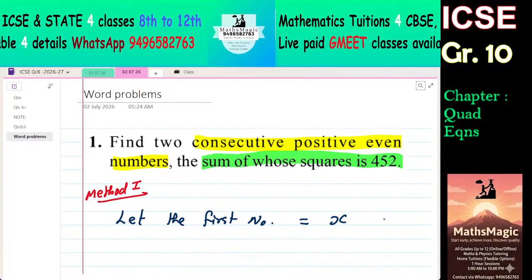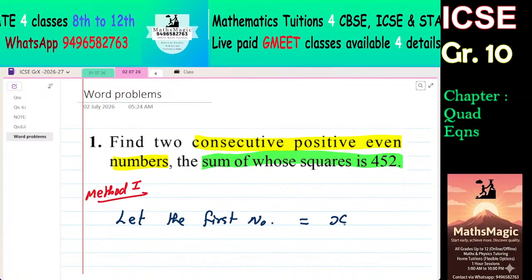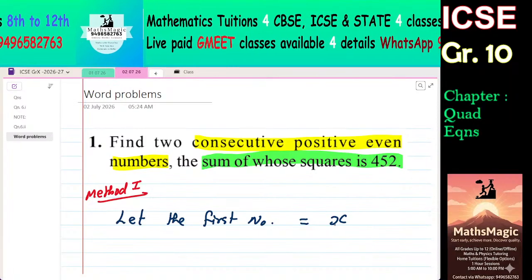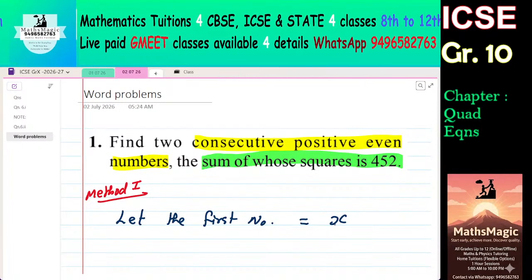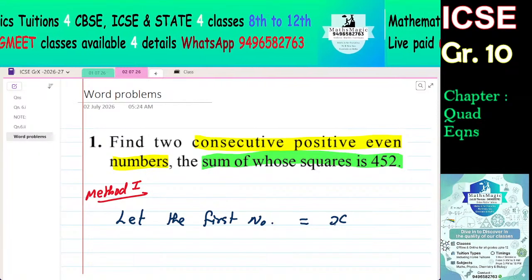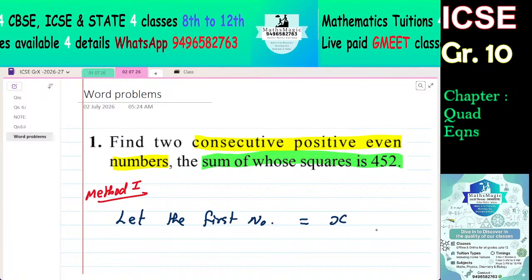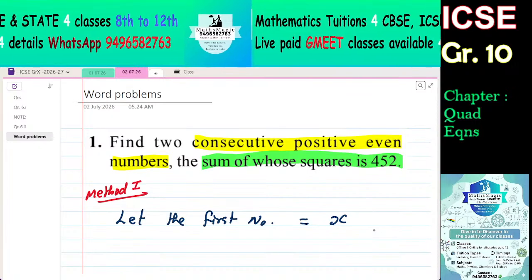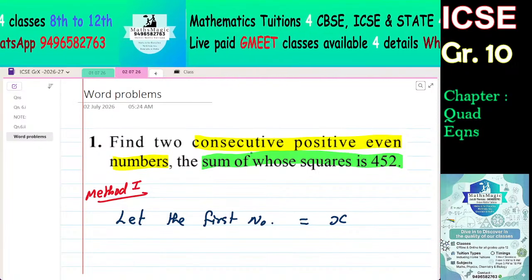So we assume the first number as x. From the first condition or the second condition, you will get a clue, or it will point to the second number. So in this case, second number, consecutive positive even number.